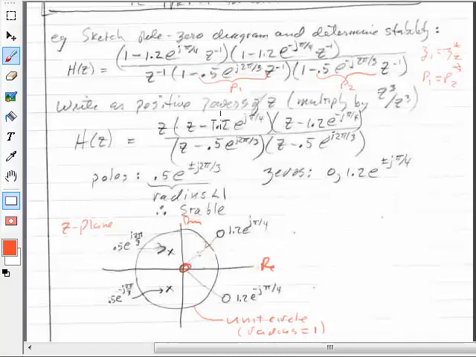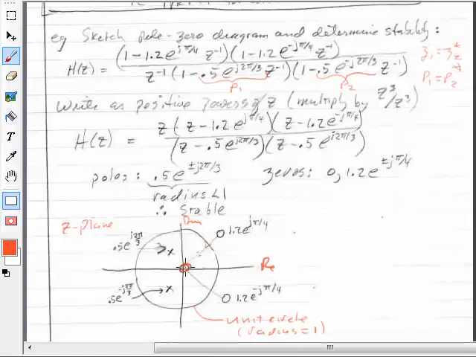This zero is at 1.2 e to the j pi over 4. Where is that? Remember your complex numbers. 1.2 is the radius. Pi over 4, without the j, is the angle.